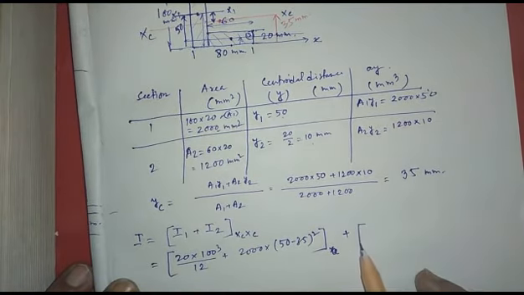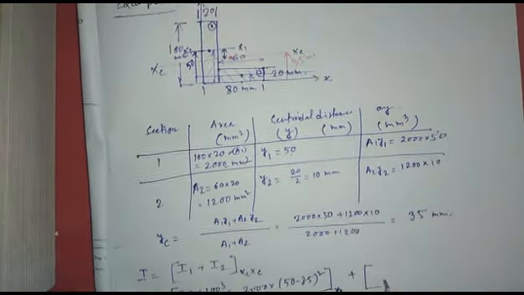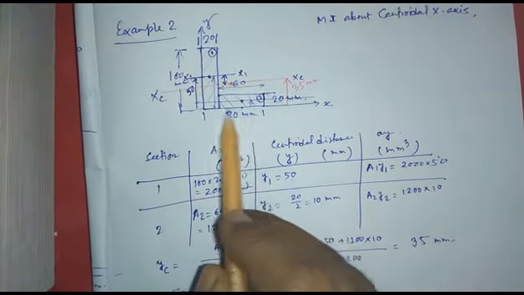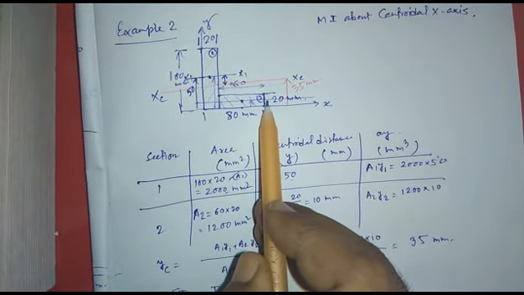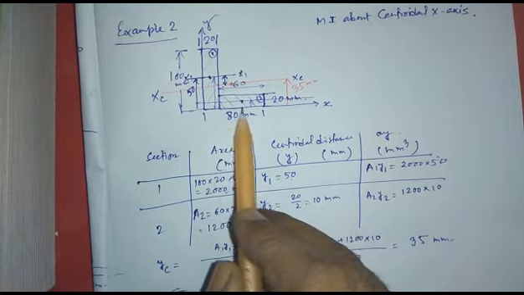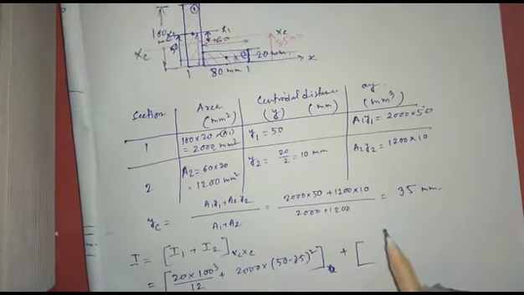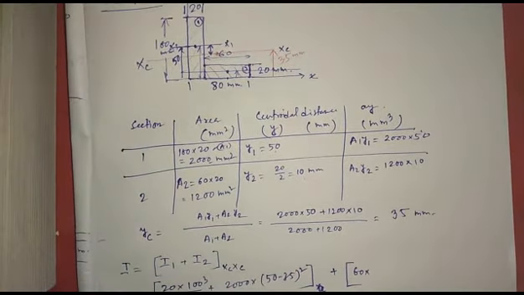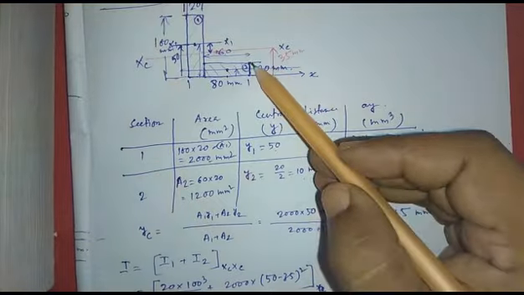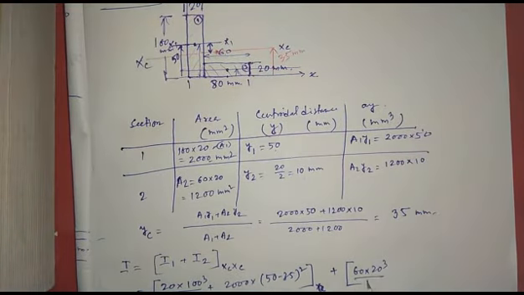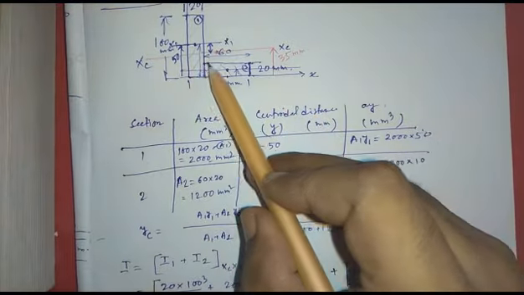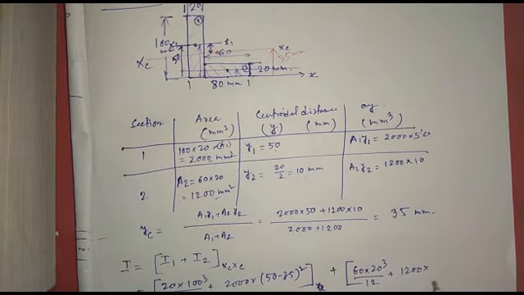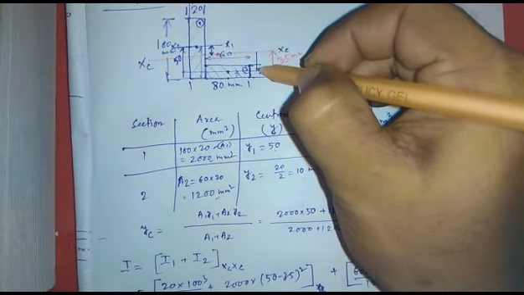And what will be I2? Again, this is your B and this is your H. So B, that is 60, H cube, that is 20 cube, by 12, plus the area of this rectangle, 1200, into the square of the distance between these two axes.